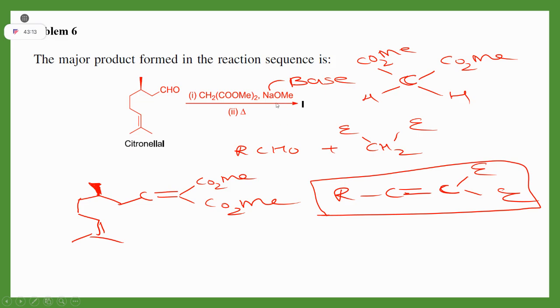Methoxide is your base. How can you form sodium methoxide? When you treat your methanol with sodium, it will form sodium methoxide. Sodium methoxide or alkoxides are known to be a strong base in organic chemistry that can abstract these active methylene protons. First, enolate will form that is going to attack your aldehyde carbonyl.